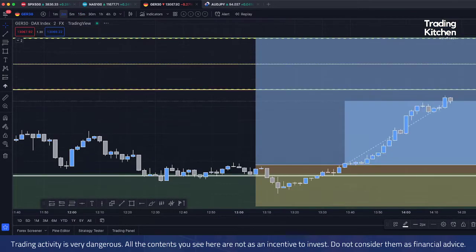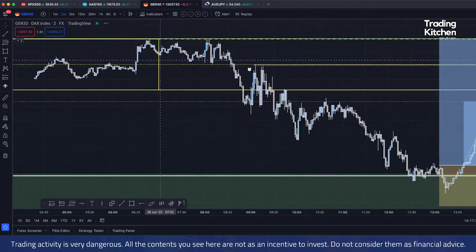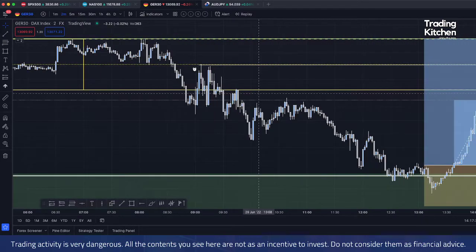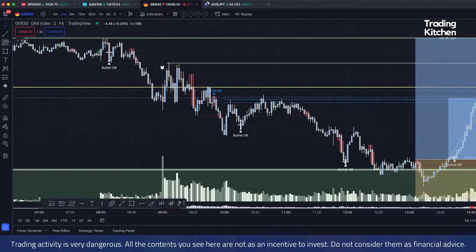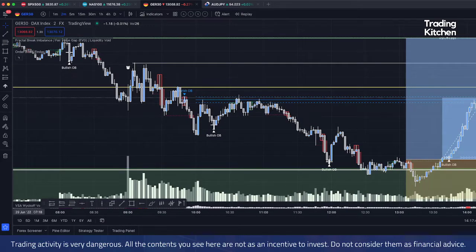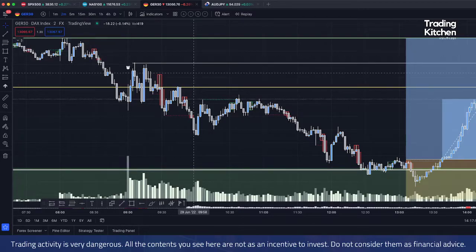go on 2-minute time frame, and what I see is a clear breaking of the structure. So let me move on intraday template. Let me hide the order block finder, which is a new indicator that I am testing.